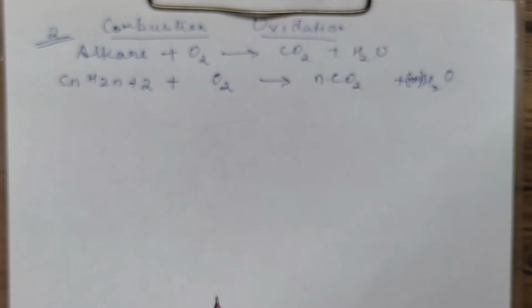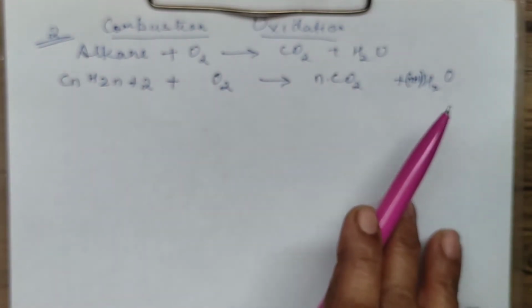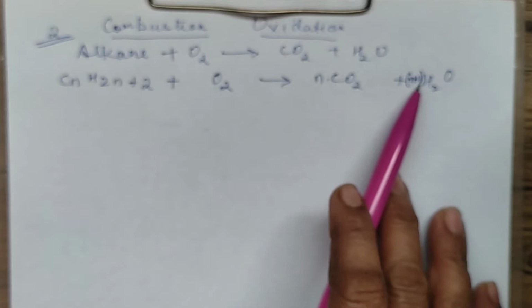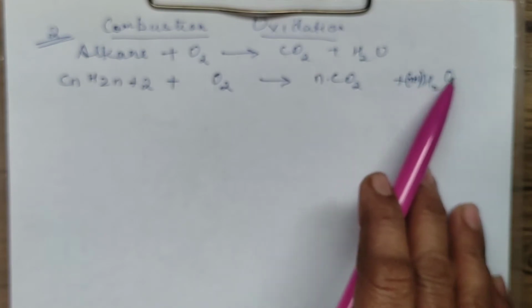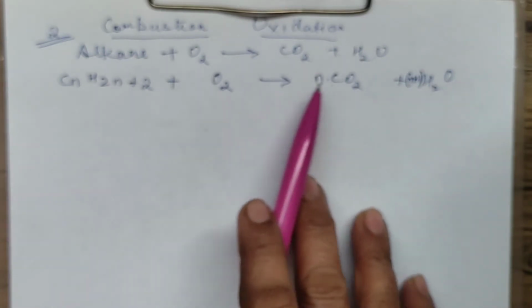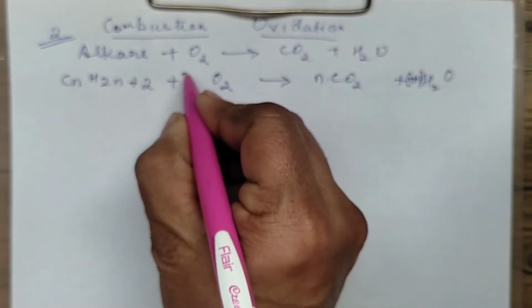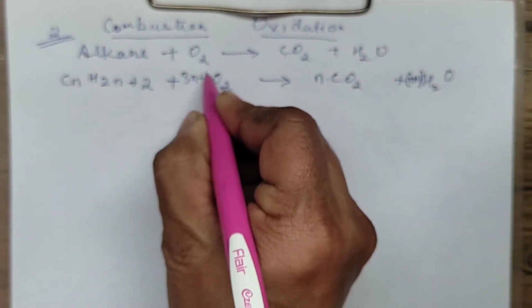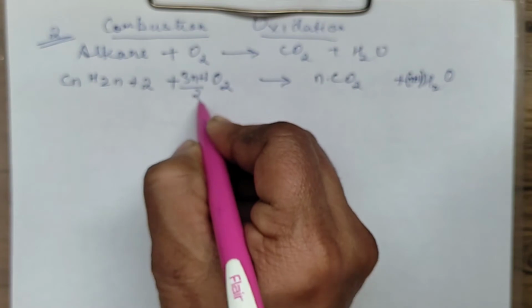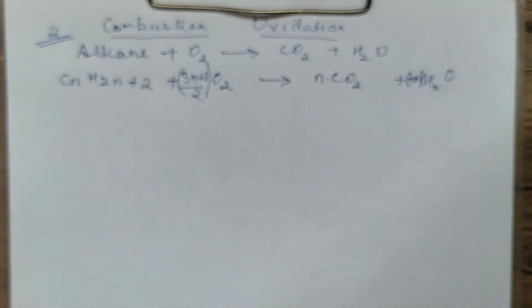For oxygen, you can see on the right hand side, that is n+1 of oxygen from water, and 2n from carbon dioxide. If you combine them together, it becomes (3n+1)/2. So this is the general formula for balancing the combustion of any alkane.